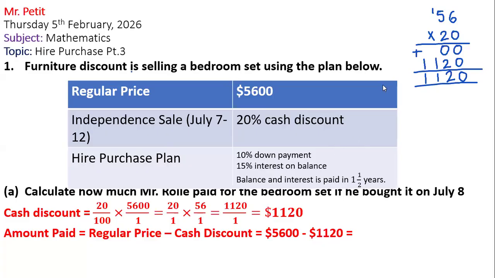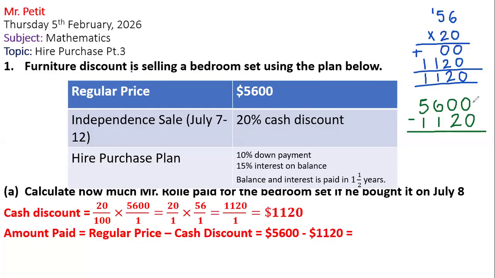Okay, good. So we subtract: we say 5,600 minus 1,120.